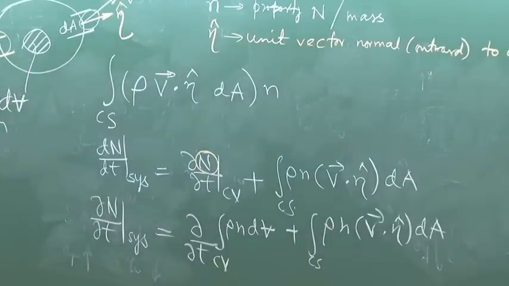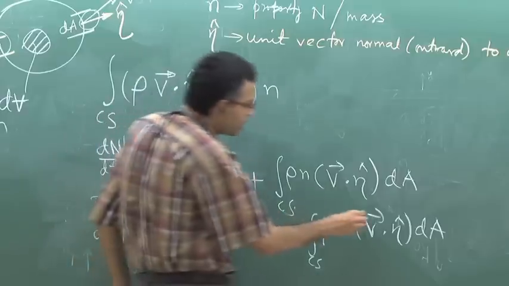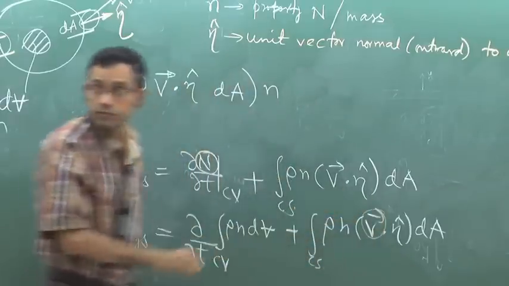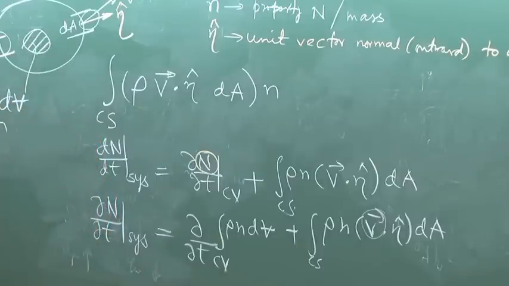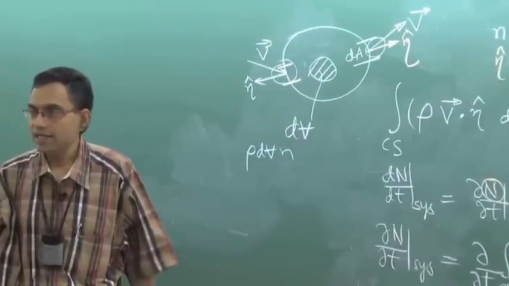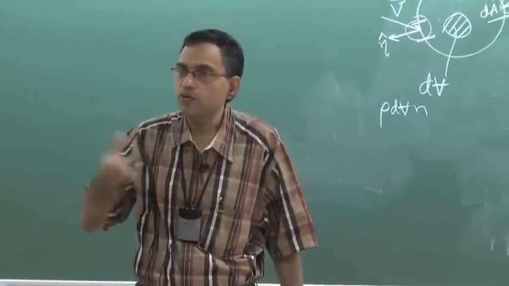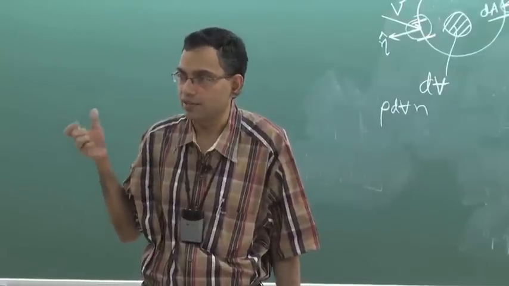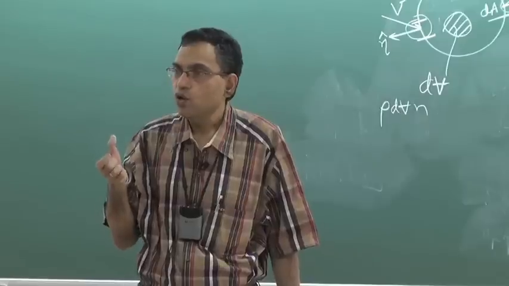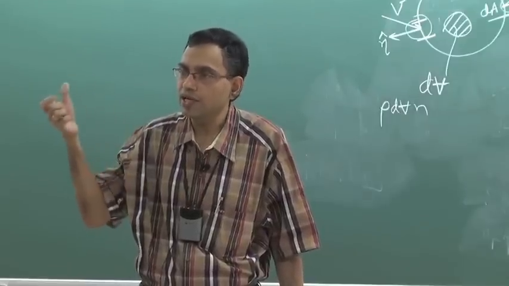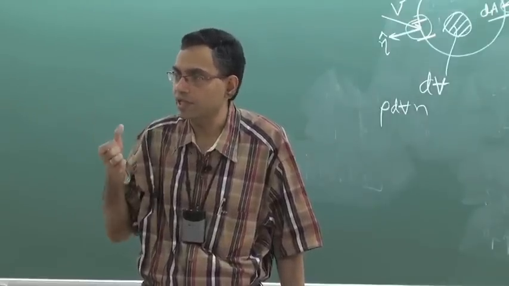There is one important point to note here, that is, what is this V? Let us say that this control volume is a tank. Let us say that there is a tank which is moving towards the right with a velocity of 1 meter per second. And let us say water is also moving towards the right at a velocity of 1 meter per second.